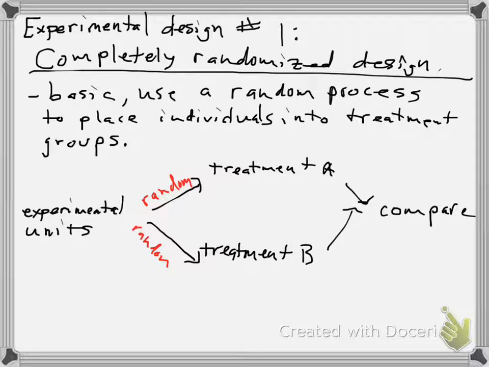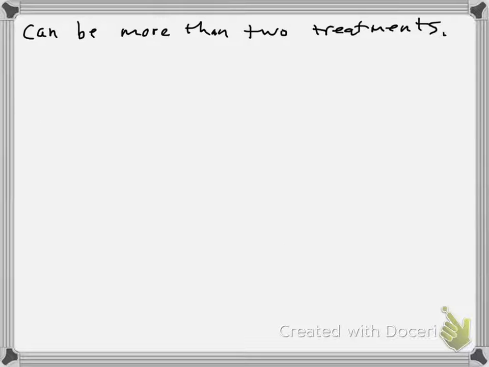So we'd start with some experimental units, randomly choose a certain amount and put them in one treatment group, randomly choose another amount and put them in a separate group, and then compare the 2 treatments.